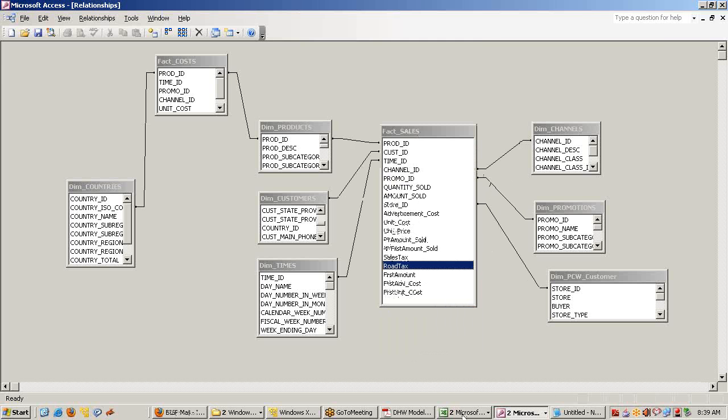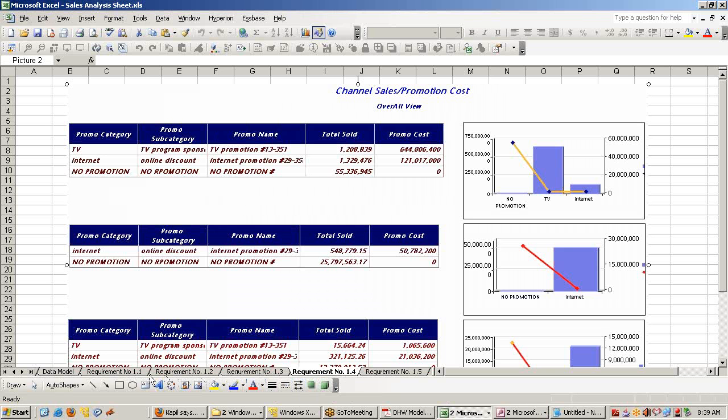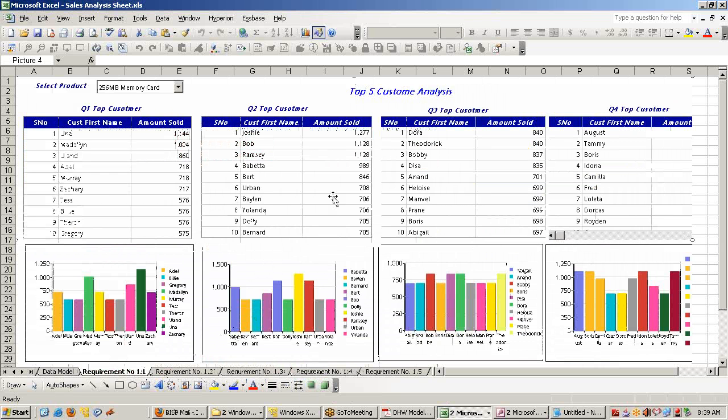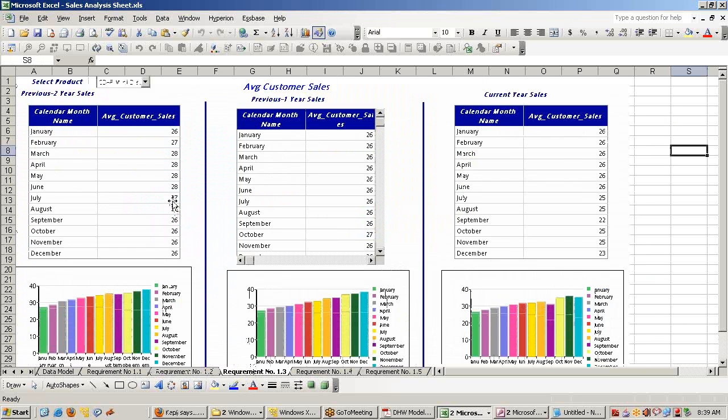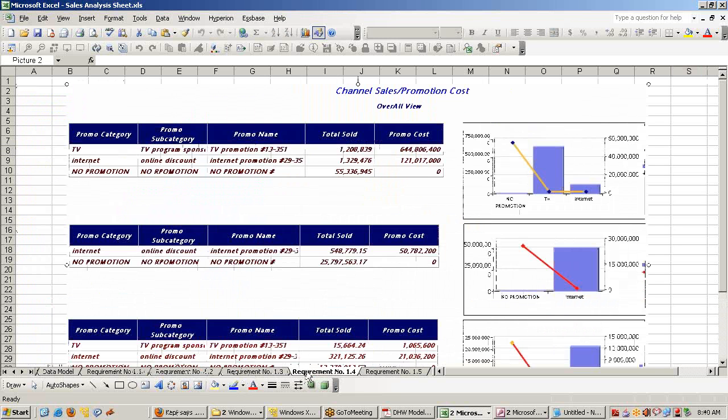So if you go through all the requirements: requirement 1, what fact do you need? Amount sold. Requirement 2, what fact do you need? Sales and growth percent. Requirement 3? Average customer sales. Requirement 4? Promotion cost for each promotion channel and the sales.